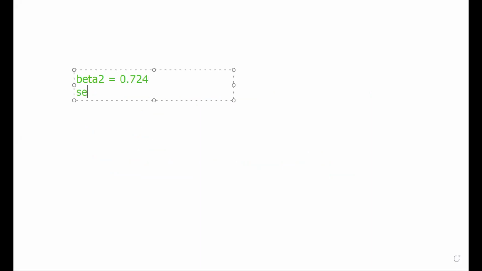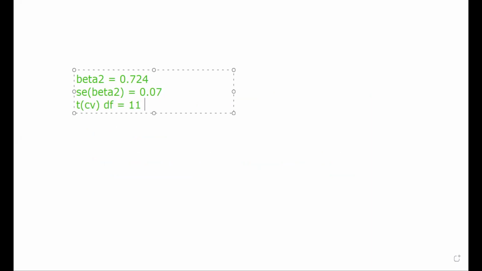We have the standard error of beta 2 equal to 0.07, and we have the t critical value for degree of freedom 11 equal to 2.201. So for the confidence interval, we have the upper limit.